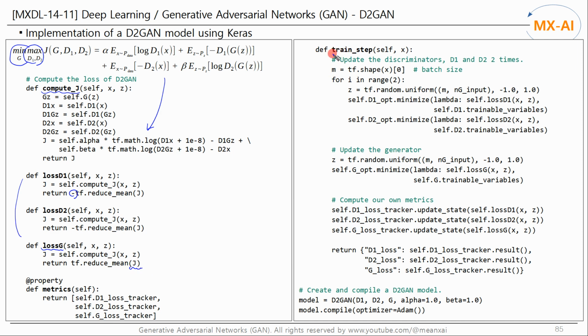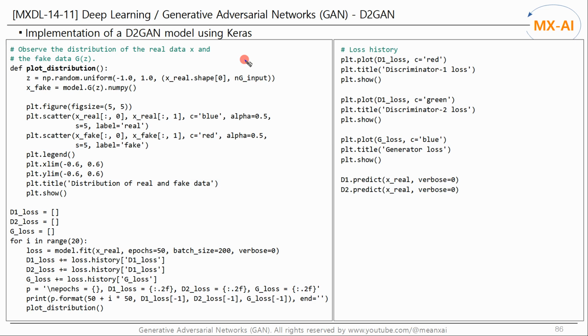In the train step method, we update the discriminators twice and the generator once. We create and compile the D2GAN model. We set both alpha and beta to 1.0. Next, let's write some code to check the results as we did before.